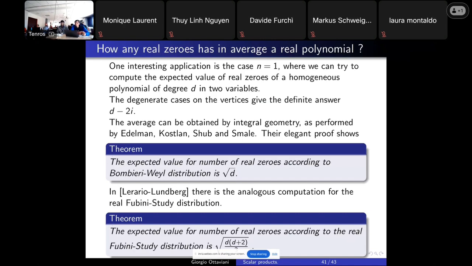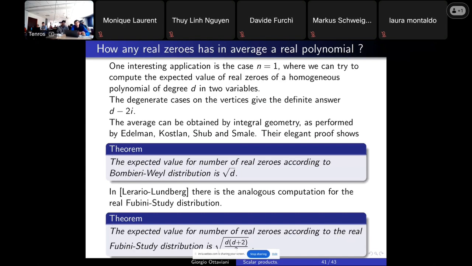When d increases, it goes essentially linearly in d. And I think this is probably the maximum among all the possible probability distributions. I think this is spectacular.